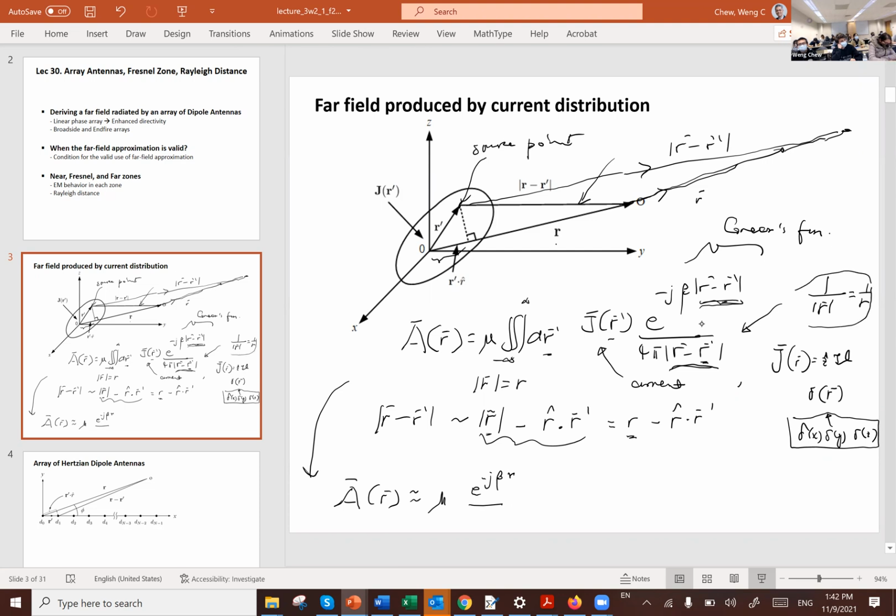This is actually a very good approximation of the denominator. So I can take the whole denominator and put it outside. And what I'm left with then is just an integral. I should say this is a volume integral, J(r') dv'. And then I keep this term inside. This becomes a plus sign now.